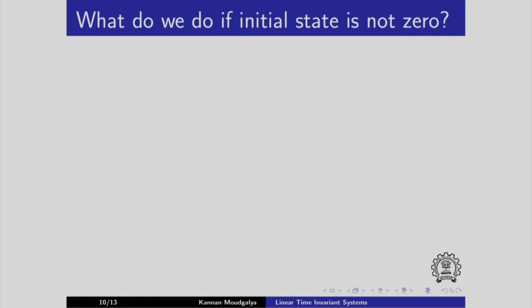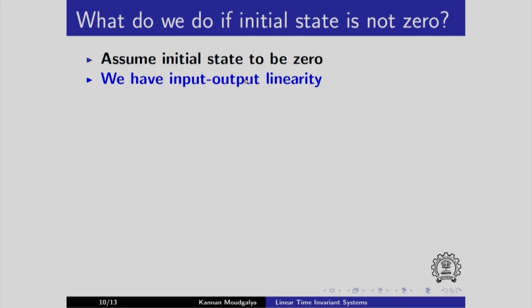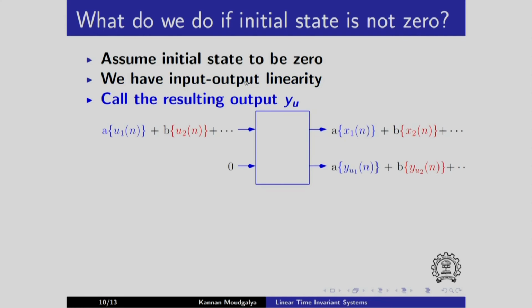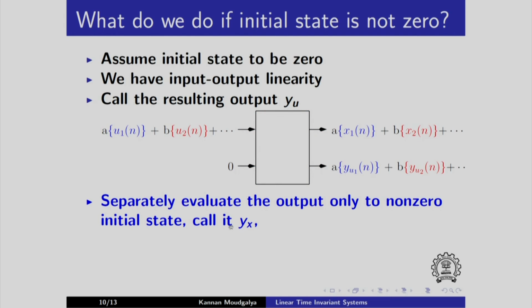The next question is, what do we do if the initial state is not 0? It is very easy. Take the initial state to be 0 first. We have input output linearity as I explained earlier, and call the resulting output y sub u. So these are all linear. Then separately evaluate the output only due to non-zero initial state, call it y sub x.